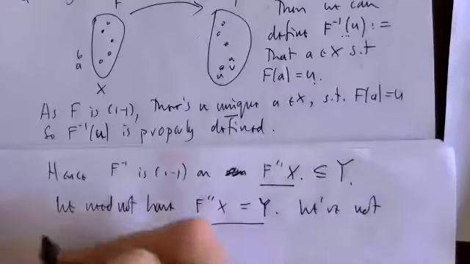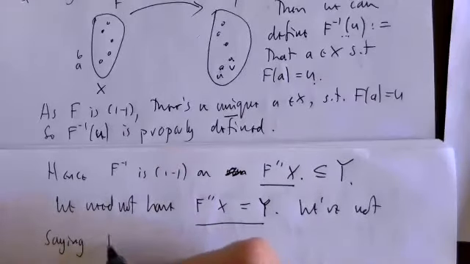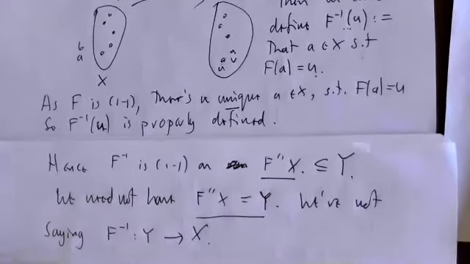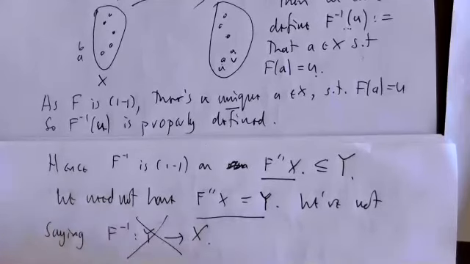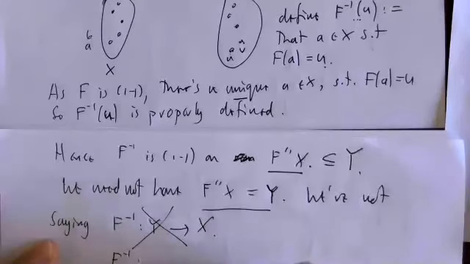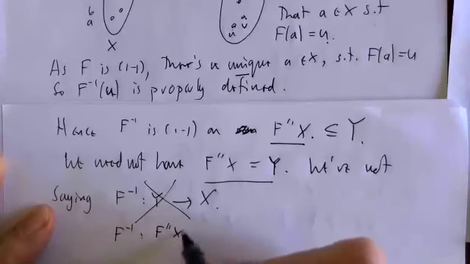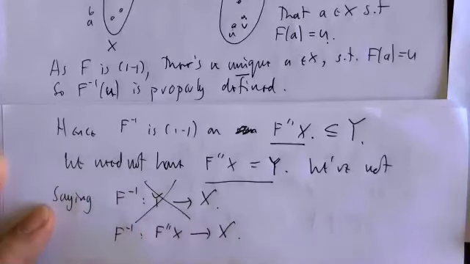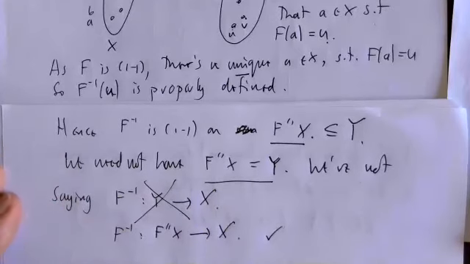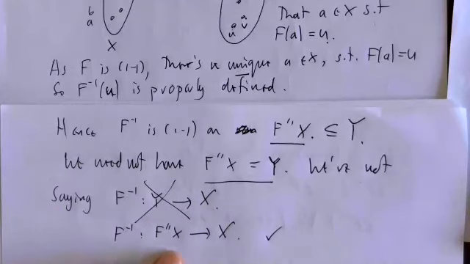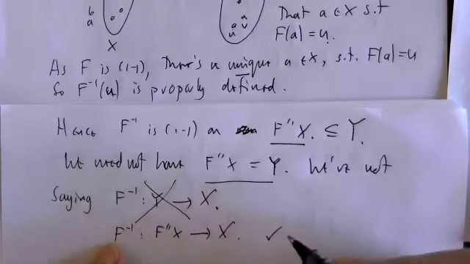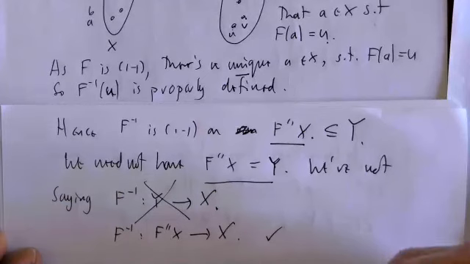Without other information, we're not saying f to the minus 1 takes y into x. What I'm saying is f to the minus 1 takes the range of f on x back into x. So f to the minus 1 is 1 to 1 on its range, so we can invert it. Perhaps that was the source of the difficulty there.